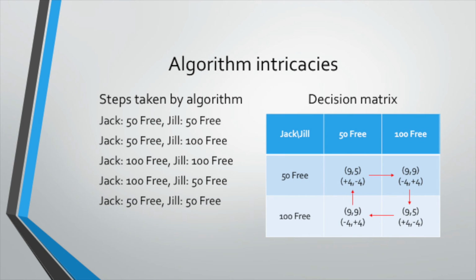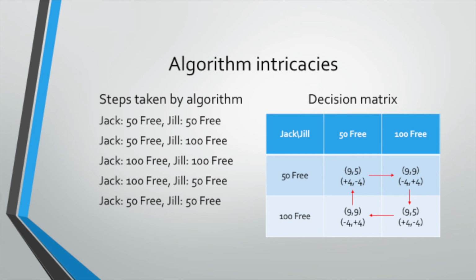Let's say that Jack and Jill are both entered in the 50 free currently, and it's Jill's turn to make a move. It's in Jill's best interest to move to the 100 free because Jack's not in it, so she can win the event. So both Jack and Jill would score 9 points.